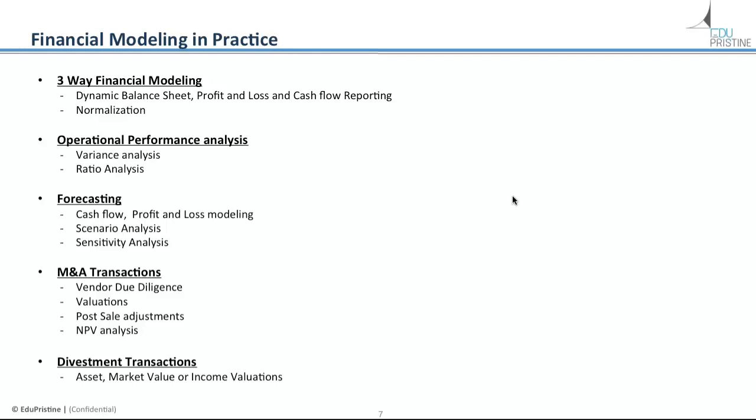So I guess we've picked 5. This is by no means an extensive or exhaustive list of financial modeling, but these are 5 common areas.